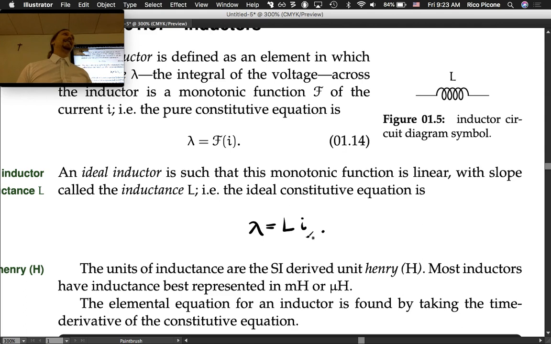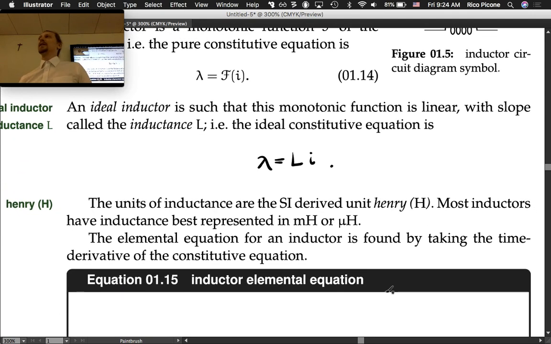This k is the constant of proportionality. But real springs, when you get to the ends, get nonlinear, right? And that's the same thing with inductors and with many of these components. We assume they're linear in this sense, but they're often only approximately so. It's good to keep that in mind.